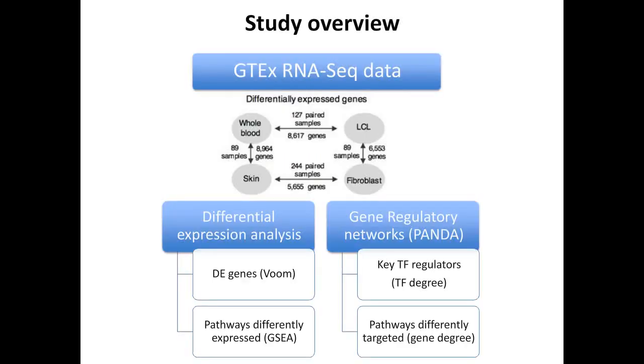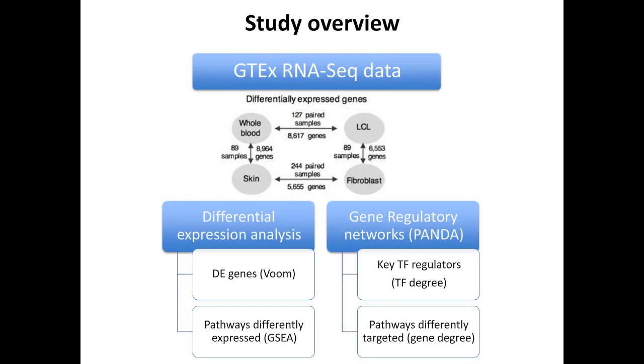So what we did was, this GTEx cohort is great. It's a big sandbox. We did a number of comparisons. We did differential expression analysis comparing whole blood and LCL, the difference between the LCL cell line and the whole blood tissue of origin. Of course, whole blood and skin are convolutions of different cell types, but this helps us understand the difference between those.